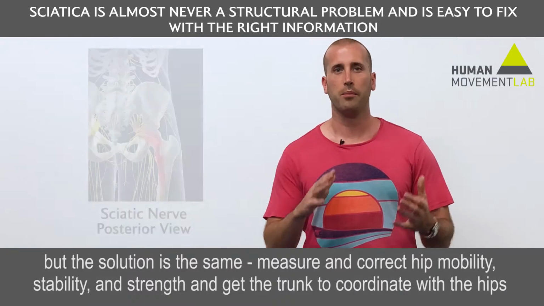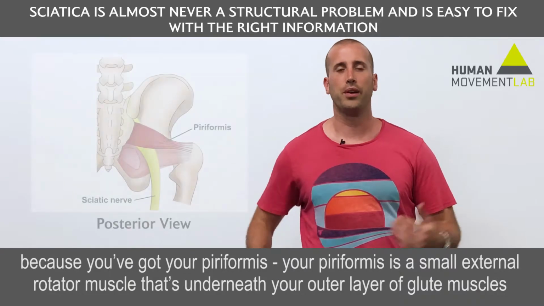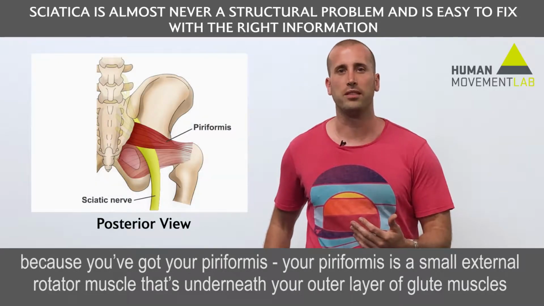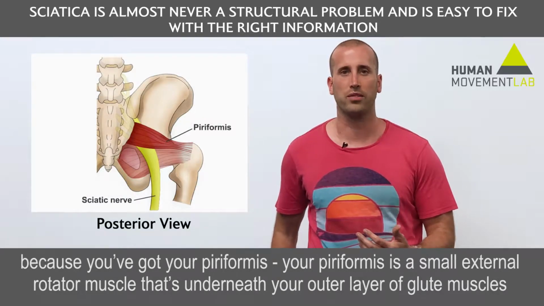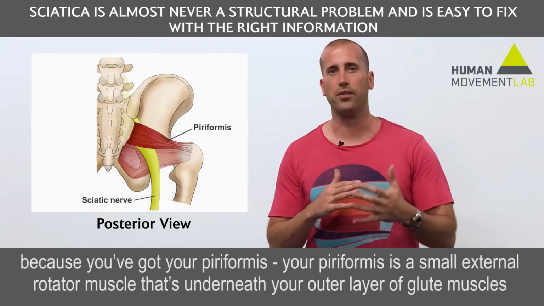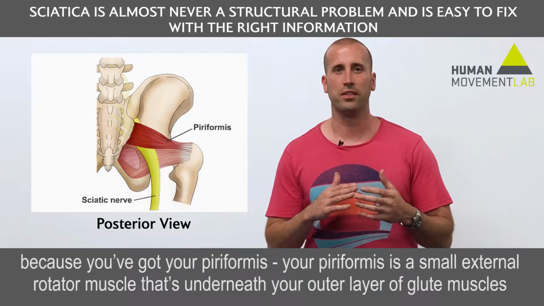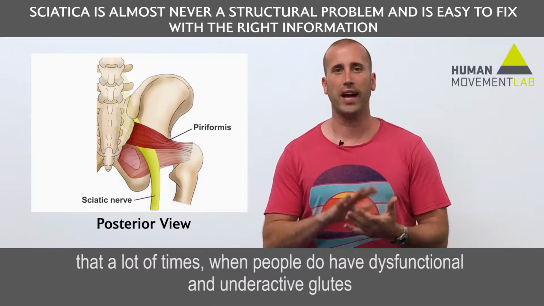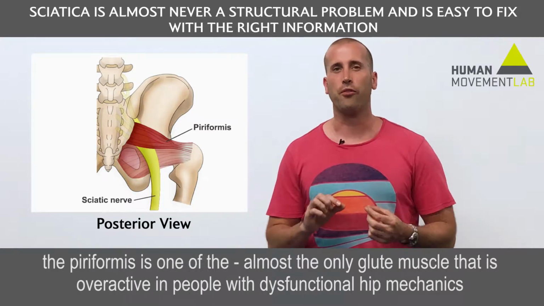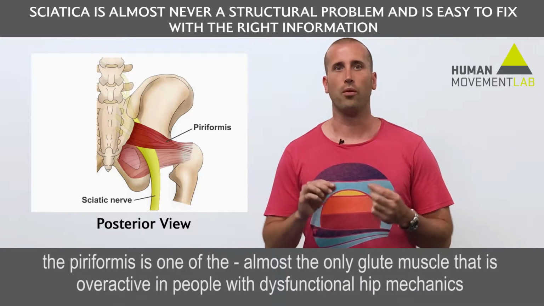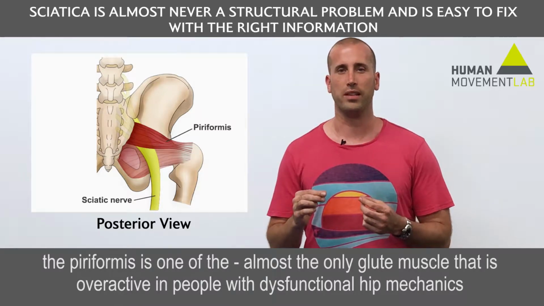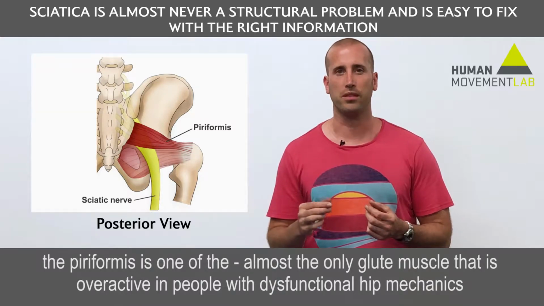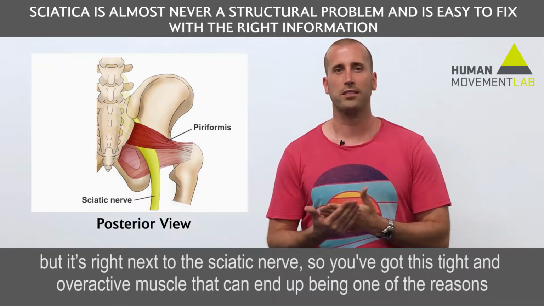with the hips. Because you've got your piriformis. Your piriformis is a small external rotator muscle that's underneath your outer layer of glute muscles. A lot of times when people have dysfunctional and underactive glutes, the piriformis is almost the only glute muscle that is overactive in people with dysfunctional hip mechanics, but it's right next to the sciatic nerve.